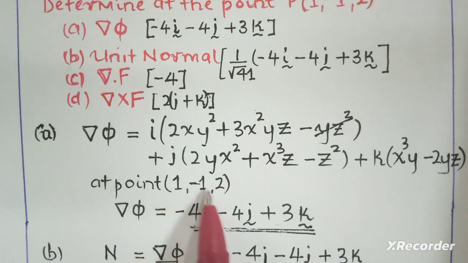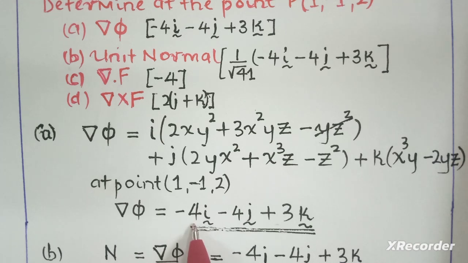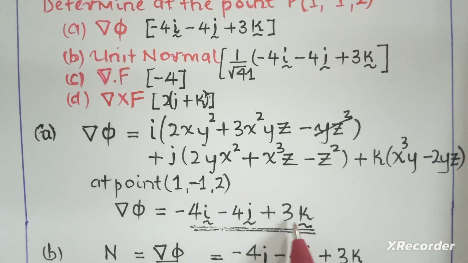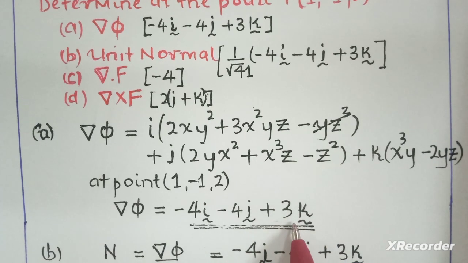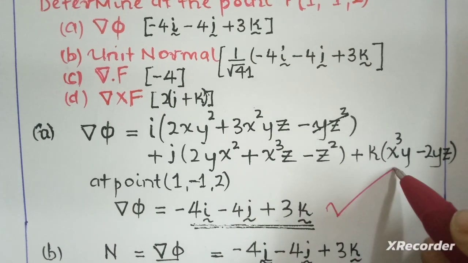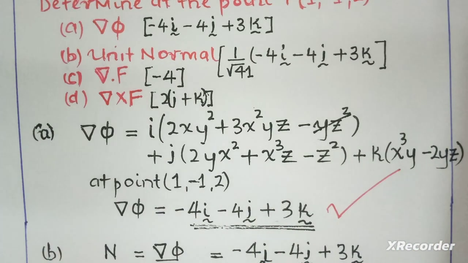After replacing all this, we multiply by i for the partial derivative with respect to x. For the partial derivative with respect to y, we multiply by 4. And for the partial derivative with respect to z, we multiply by 3.